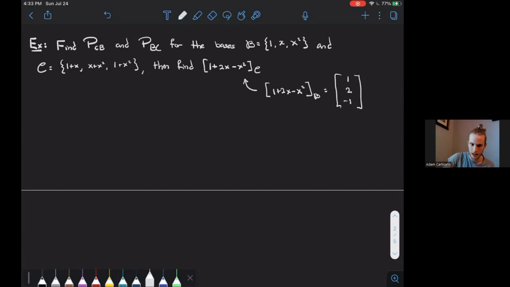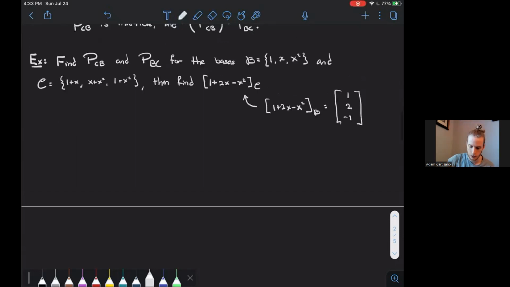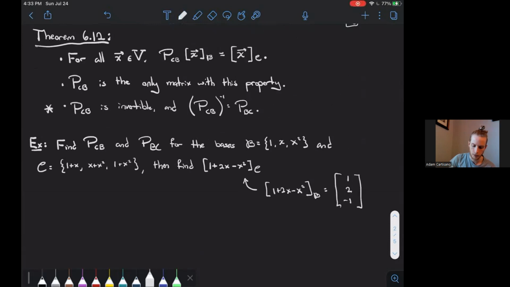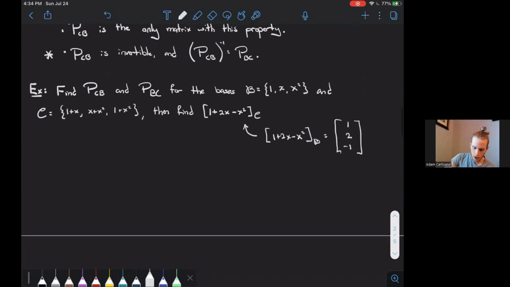We're going to use a hack. We're going to use property 3 of this theorem. First, what we want to do is compute the coordinate vector of 1 plus x with respect to B. This is very easy. You can do this by inspection. What linear combination of basis vectors in B do you need in order to create this particular vector? Well, it better be (1, 1, 0).